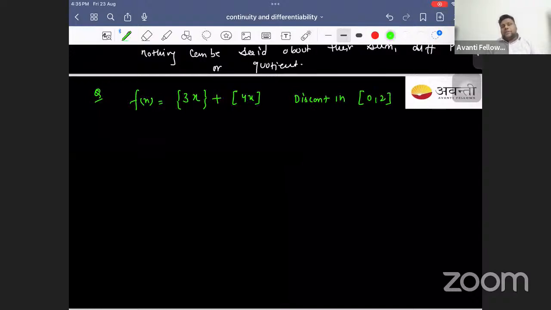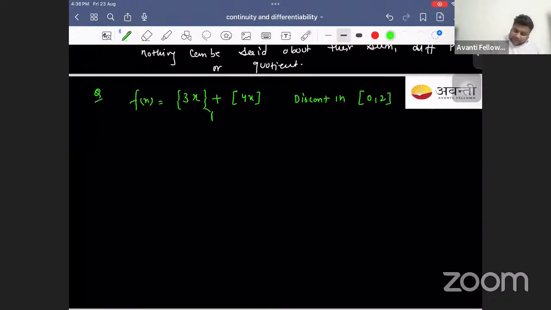Means check for the discontinuity at the points in 0 to 2. Okay. Now see, this is the fractional part function. This is the greatest integer function. Try it once. I give you a couple of minutes. This will be an integral answer. You may like to post your answer in the comment section quickly.